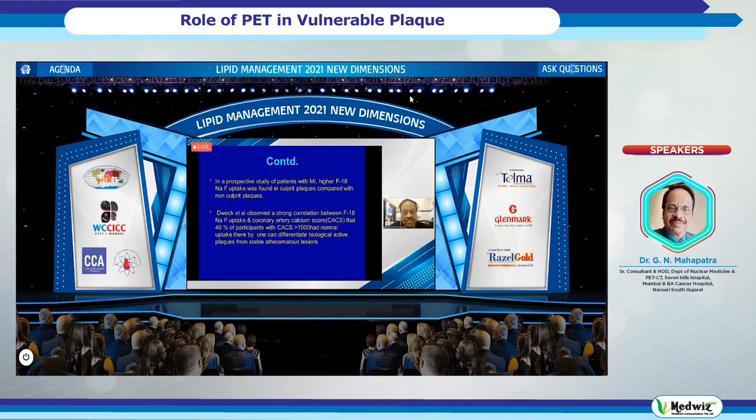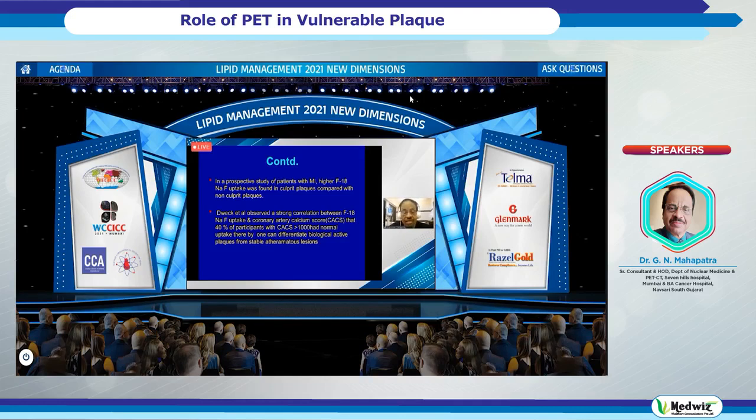In a prospective study of patients with MI, higher F18 sodium fluoride uptake was found in culprit or unstable plaques compared with non-culprit plaques. Dweck et al. observed in 119 patients a strong correlation between F18 sodium fluoride uptake and coronary calcium score.